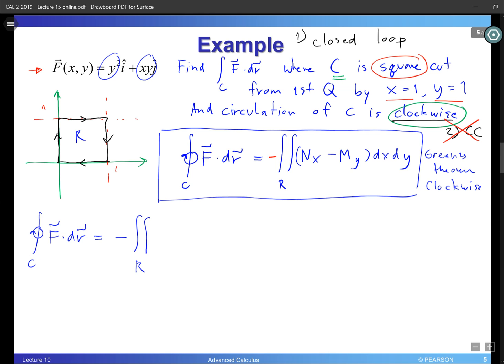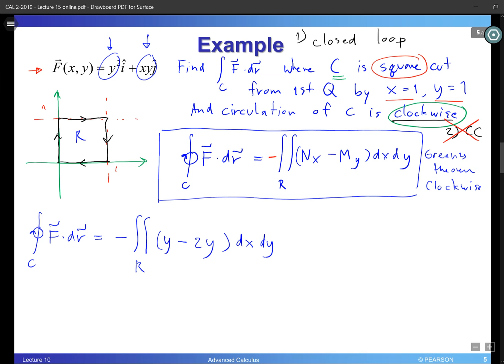N with respect to x, so I look at this N. Differentiate this with respect to x, I get y. Minus the derivative of M with respect to y, I look at this, I differentiate this with respect to y, I get 2y. Right? And then this is double integration with respect to x and with respect to y.